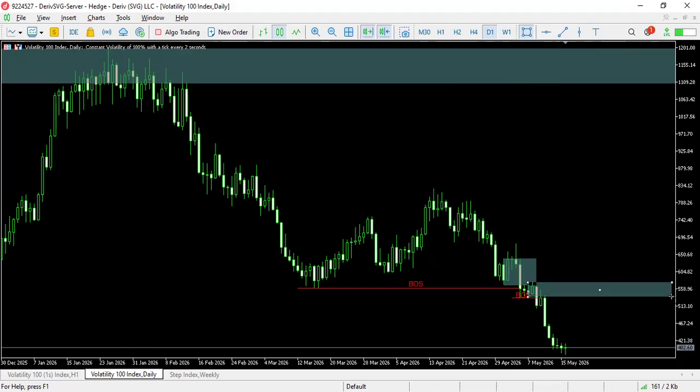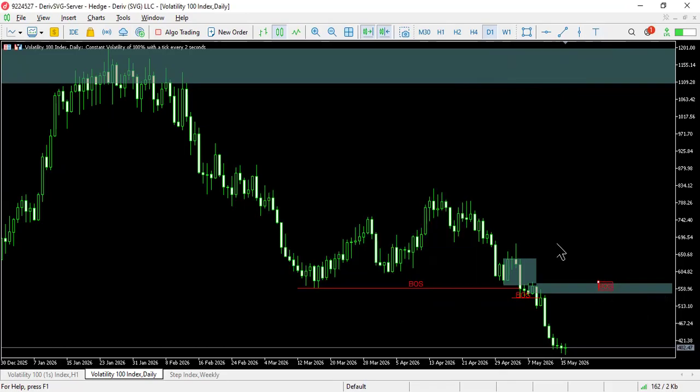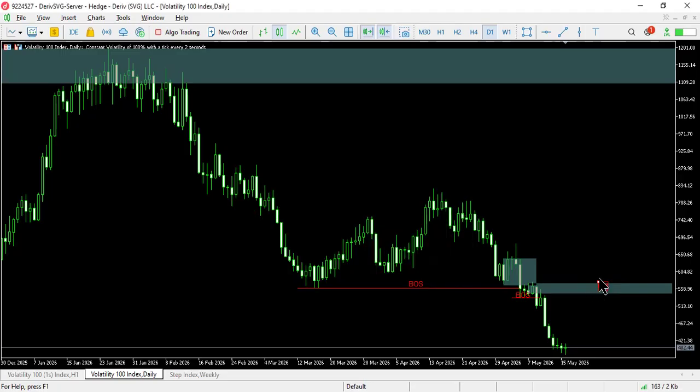Therefore, we are going to be positioning at that specific order block, since that is the order block with the most recent break of structure. So we have our order block right there.